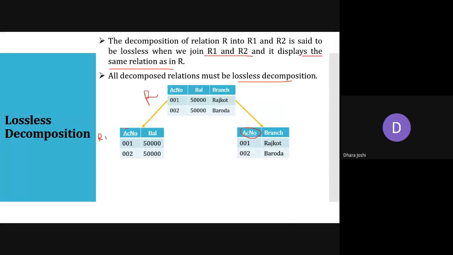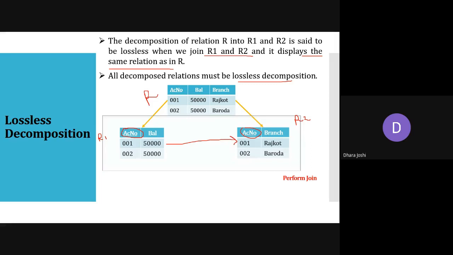So account number is common in the two relations and it is a primary key. With the help of the primary key, we can uniquely identify the data. That's why we have made the minor change, and this relation R2 will have two columns, account number and branch. And now if we perform the join, what will happen?